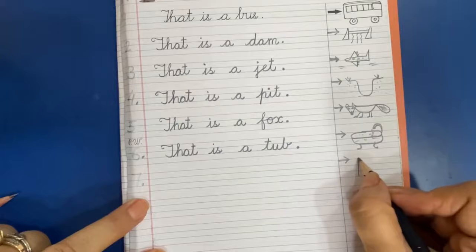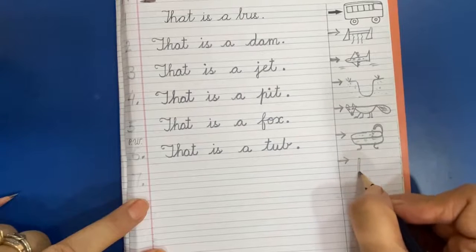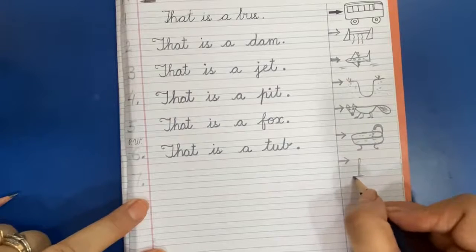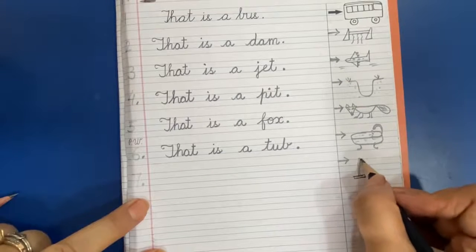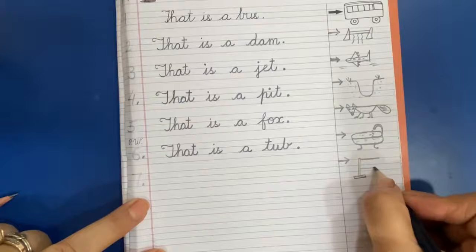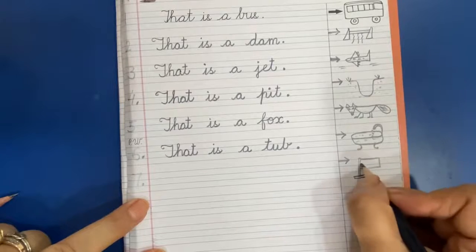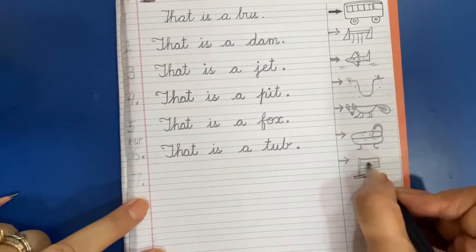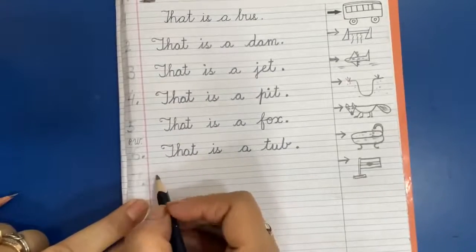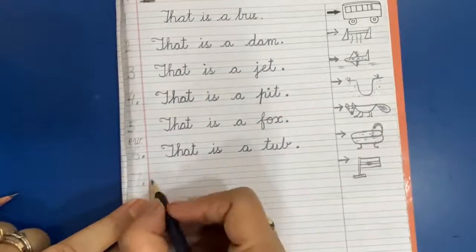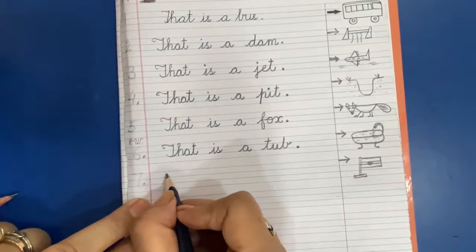You can guess it. It's a very easy one with vowel sound A. It's a 4-letter word. Many of you would have guessed by now. What is this? What is that? It's far away.